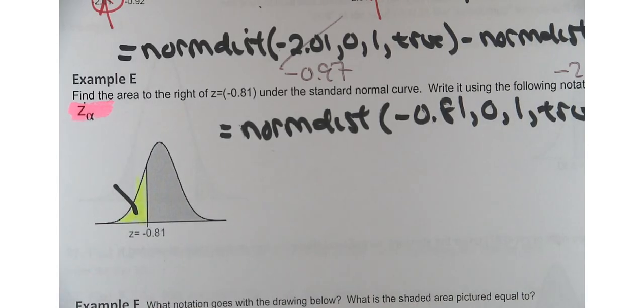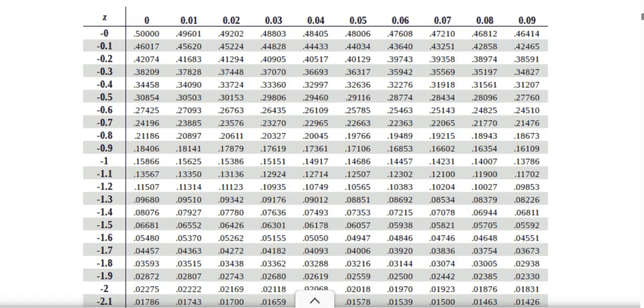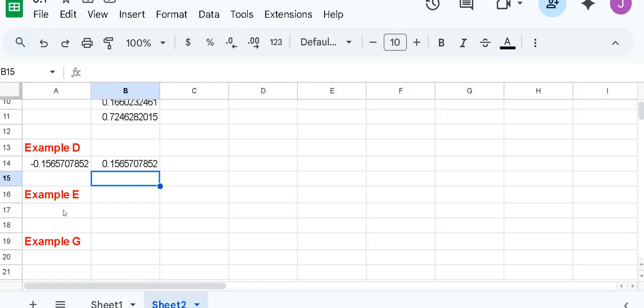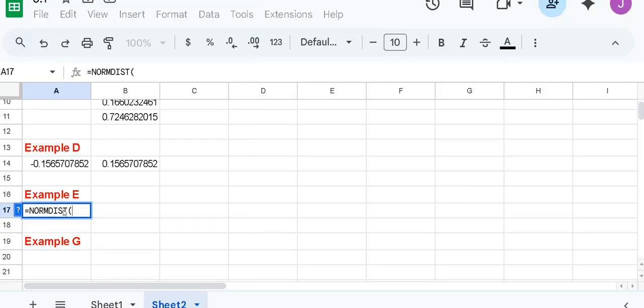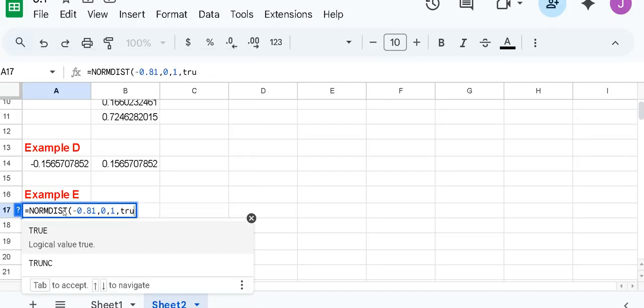So Royale got us more than halfway there. How do we finish this up? Liv? Do 1 minus that? Yeah. So let's find that area first, and then I'll do 1 minus that. So it's going to equal norm distribution, negative 0.81, comma 0, comma 1, comma true.